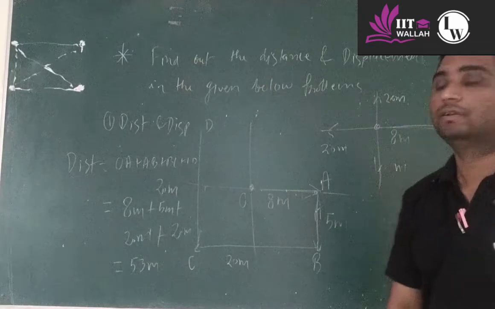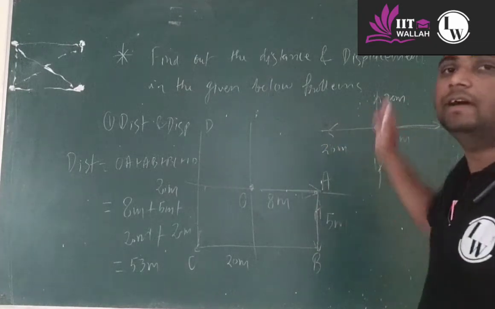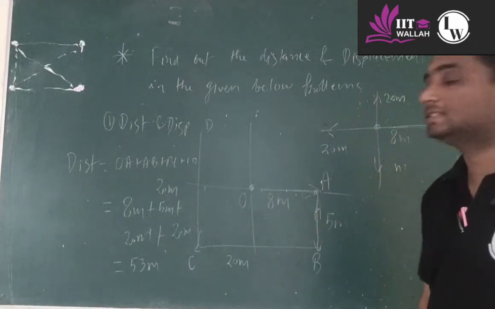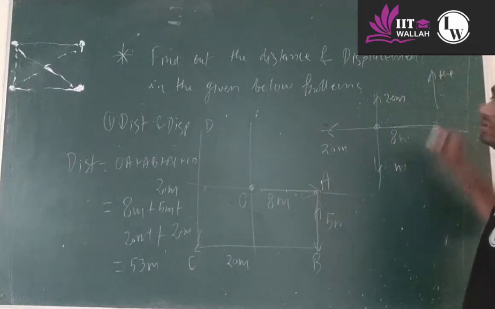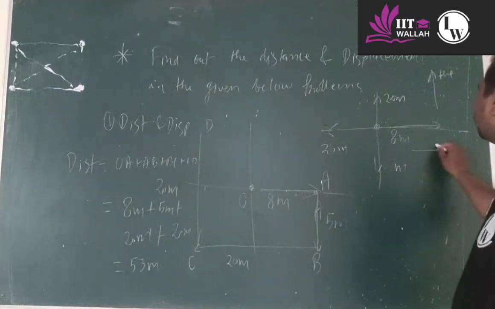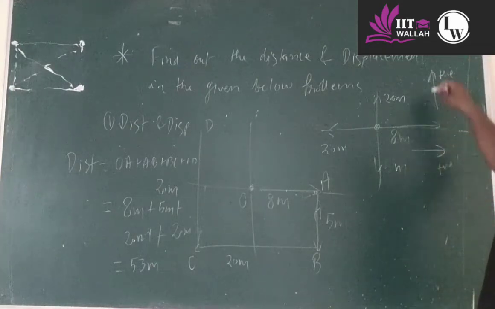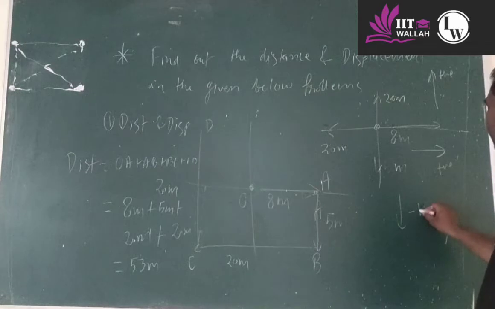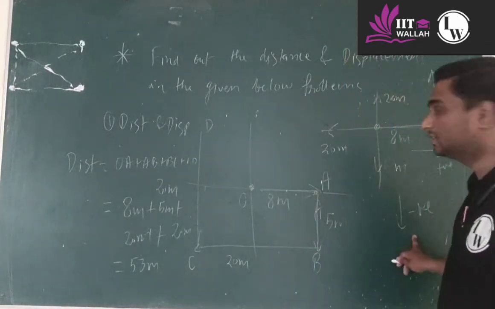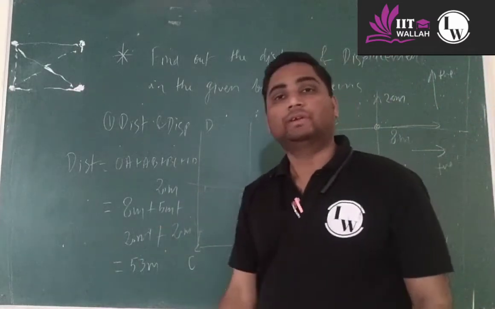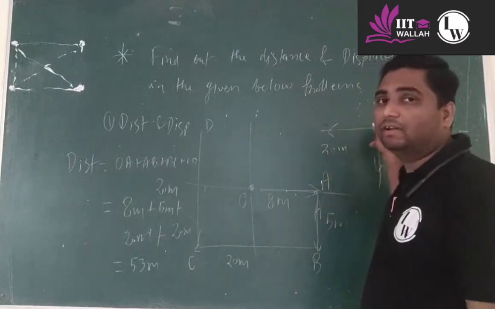Now take the algebraic sum in the rightward and upward directions with sign. If you take the upward direction as positive and the rightward direction as positive, then the downward direction will be negative and the leftward direction will be negative. Now take the net effect of it.